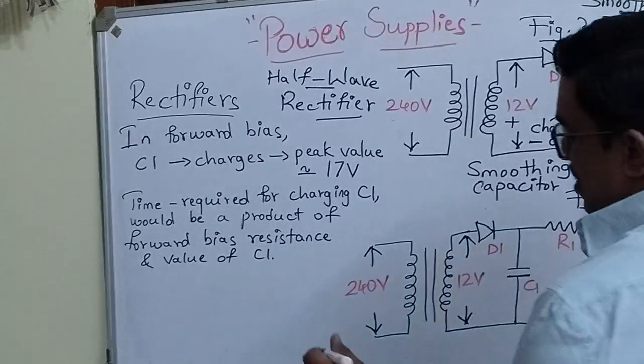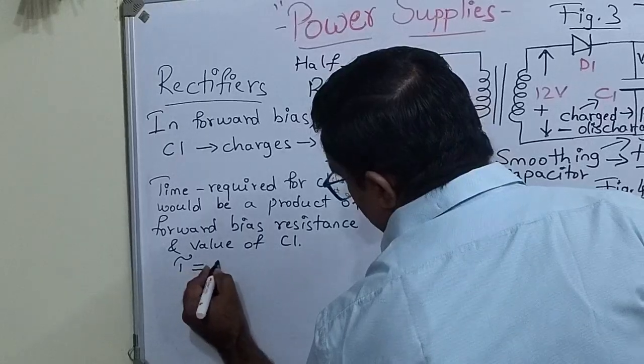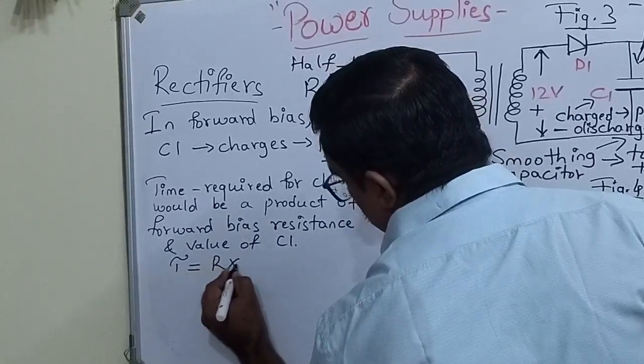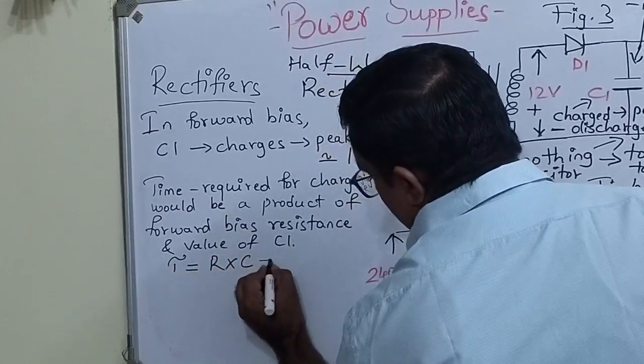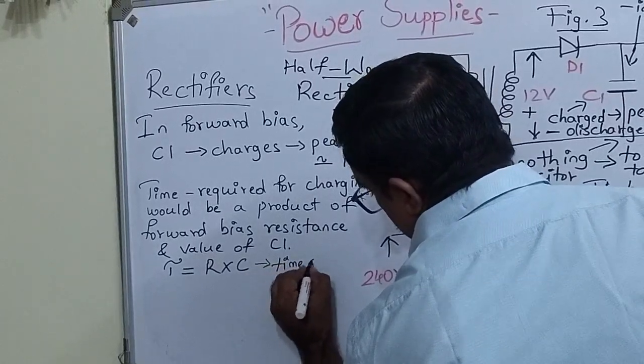This is normally denoted by tau, which is equal to R into C, and this factor is called the time constant.